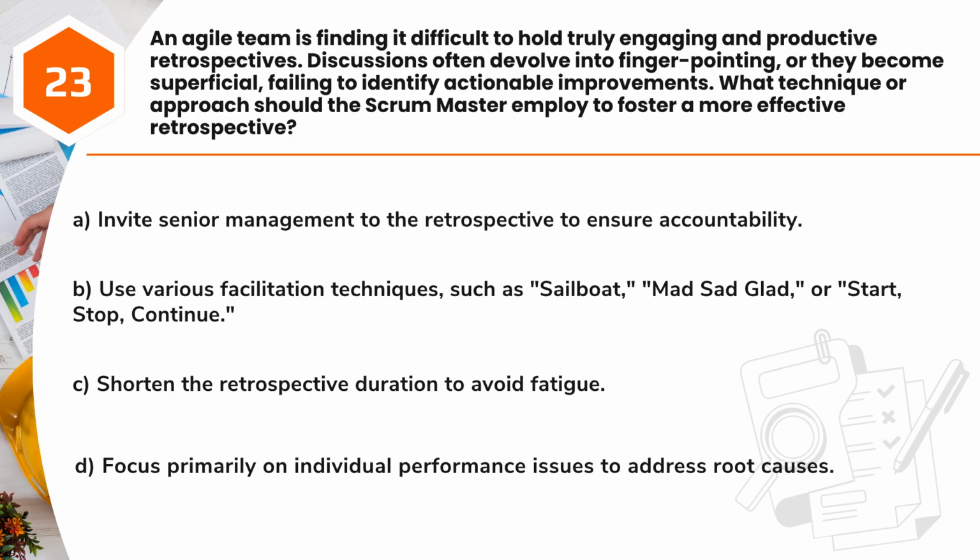A. Invite senior management to the retrospective to ensure accountability. B. Use various facilitation techniques, such as sailboat, mad, sad, glad, or start, stop, continue. C. Shorten the retrospective duration to avoid fatigue. D. Focus primarily on individual performance issues to address root causes.